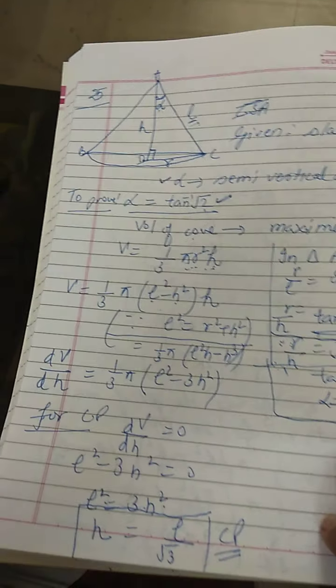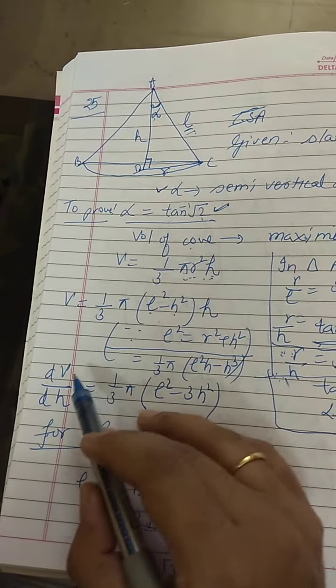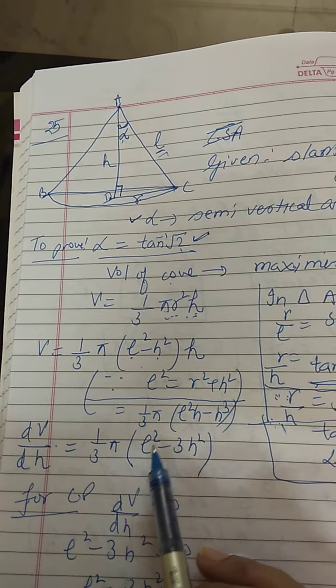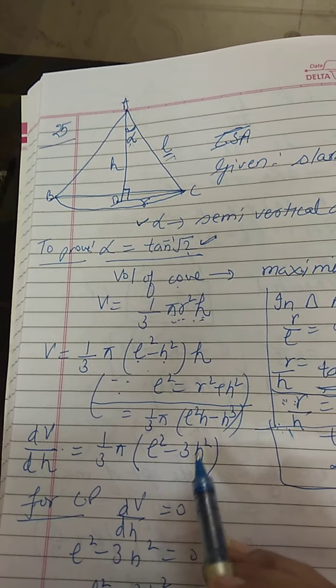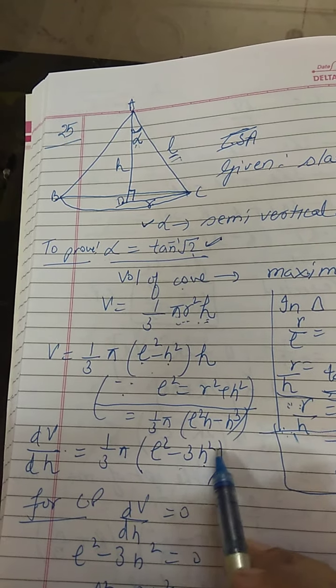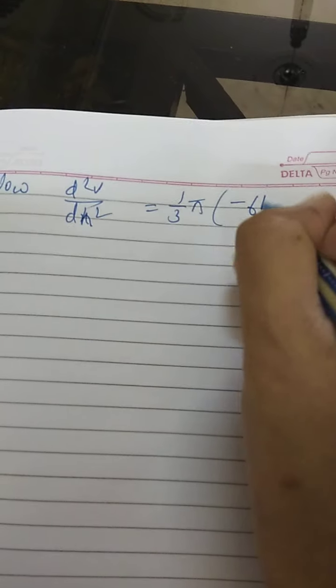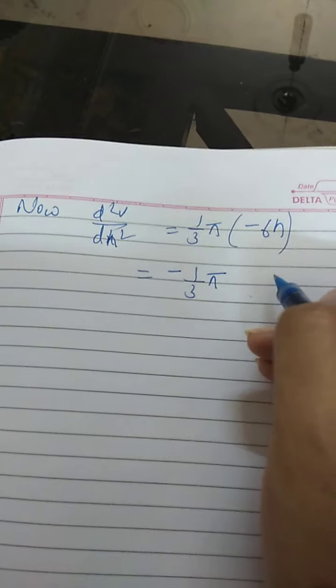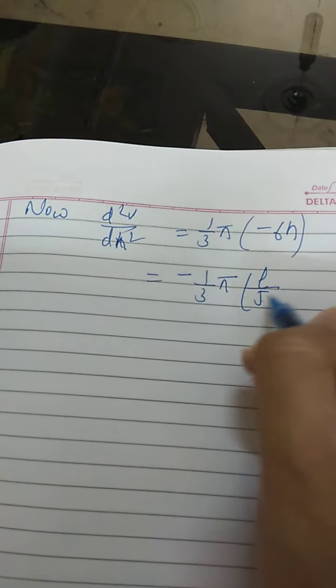After finding the critical point, what is the next step? We will find the second order derivative. When we differentiate this, again L square is constant, so here it will become 0. Minus 3h square derivative will be minus 6h. So d2v upon dh square, 1 by 3 pi is constant, and here it will become minus 6h, that is negative: minus 1 by 3 pi, and the value of h is L by root 3.